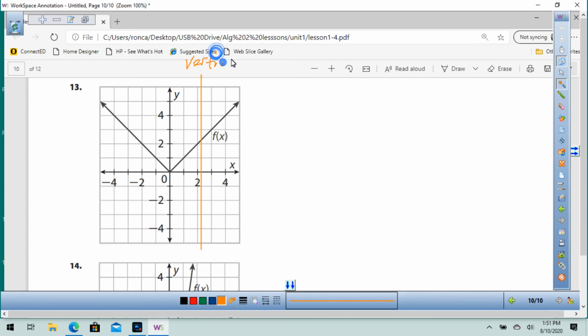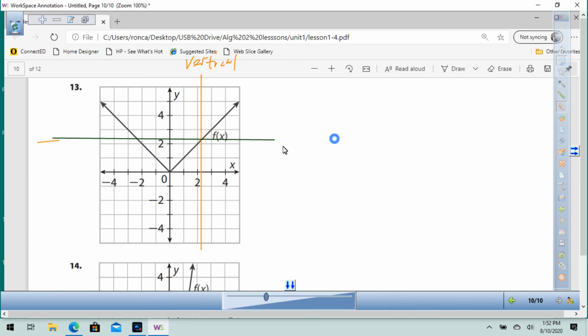Now, if you have this graph, but you don't know what the function or the inverse is yet, you can use something called a horizontal line test. Well, if you notice, this crosses it twice. So the inverse is not a function.